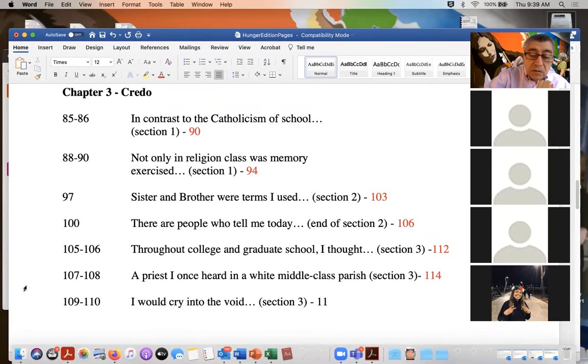So as in previous sessions, if you have the black cover book edition, please write down the numbers, because I'm going to be referring to my pages.